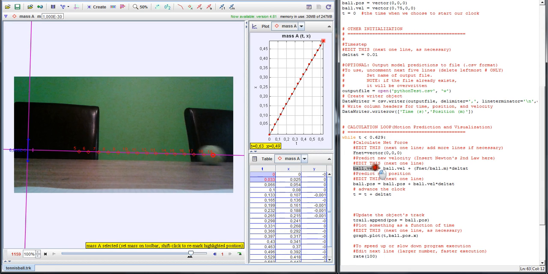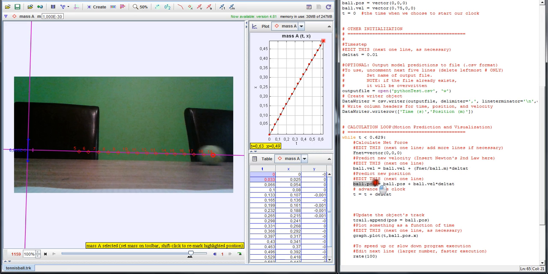It is the current velocity of the ball plus the net force divided by the mass of the ball times delta t. We know that this is 0, so this whole term is 0, which gives us that the velocity of the ball is and stays the initial velocity of the ball. This is governed by Newton's second law, also called the momentum principle.